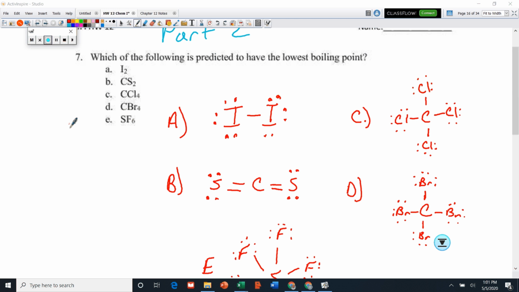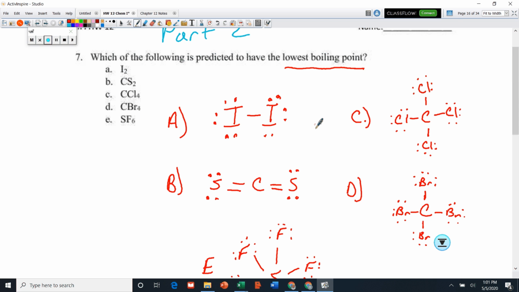We have to look at them by size and things like that as well. So which of these will have the lowest boiling point? Another way of asking that is which one is going to boil at the lowest temperature? Which one is most likely to be a gas?